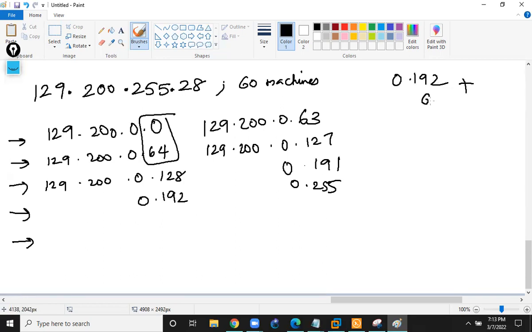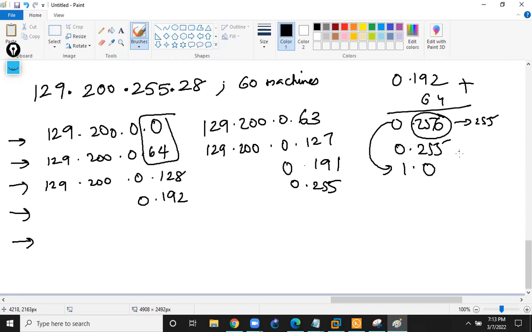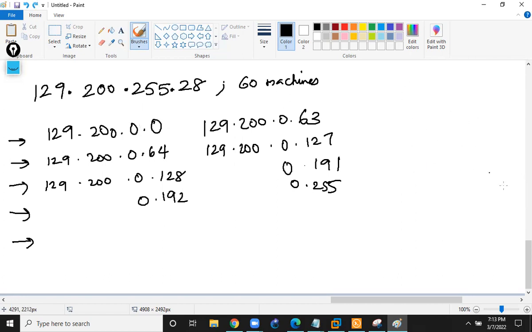If you add 64, you will get 0.256. But the maximum value is only 255, right? So the last address is 255, and the next address will be 1.0. You will not be writing 0.256, but instead you will be writing 1.0. Clear? Yes. Okay.